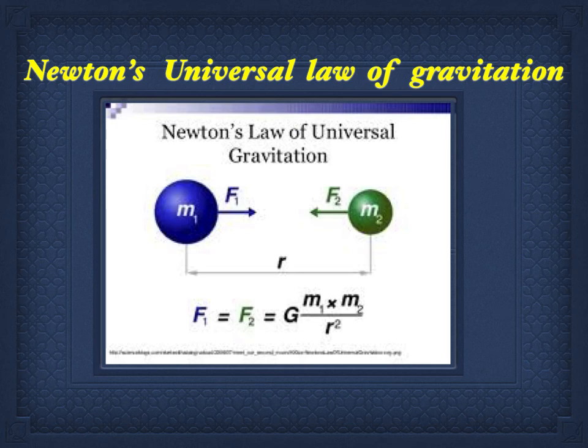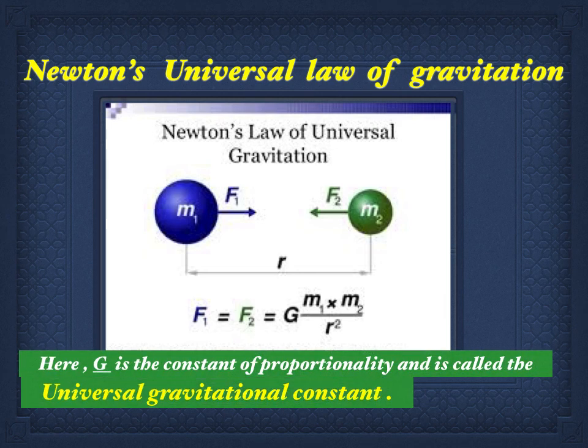Now mathematically, the gravitational force of attraction between these two bodies can be written as F, which is directly proportional to m1 m2 and inversely proportional to r square, or F is equal to G m1 m2 upon r square, where G is the constant of proportionality and is called the universal gravitational constant.